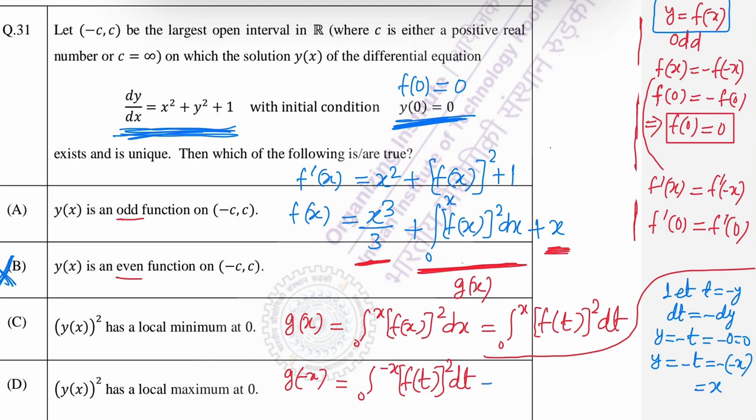So this integration will now be 0 to x f of minus t, and here there will be minus dt, so for that I write a minus here.